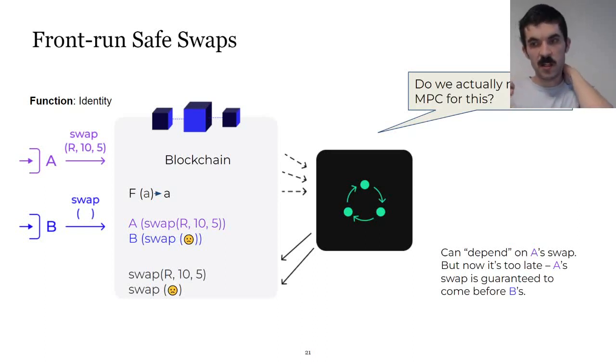You can say, I want to do this swap, and then never actually do it. This sort of attack also allows you to do front running, albeit in a limited sense.